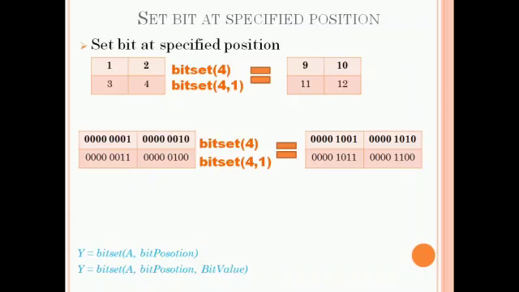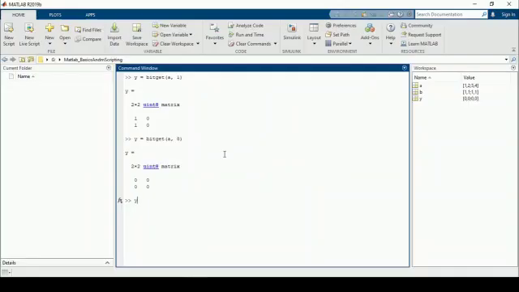The bitset function returns a matrix, with setting particular bit and its value to either 1 or 0. If we don't provide value, then the bitset function sets value as 1 by default to provided bit location. Let's see here. I am only providing input matrix as A, and bit position as 4.